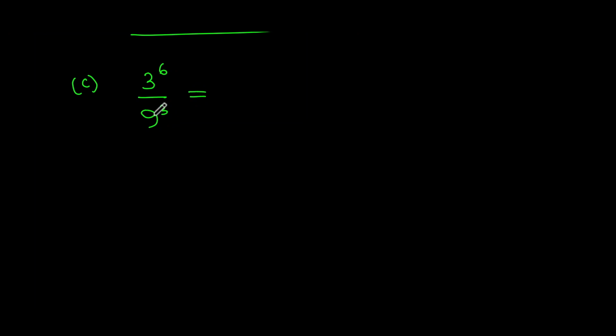The first thing, we need to rewrite the denominator in terms of 3 such that the numerator remains the same: 3 exponent 6 over, now 9 is the same as 3 squared, which is also raised to the power 3. So we can move on and simplify the denominator, and we have 3 exponent 6 over 3 raised to the power of 6. Then we are good to go with the division rule here.